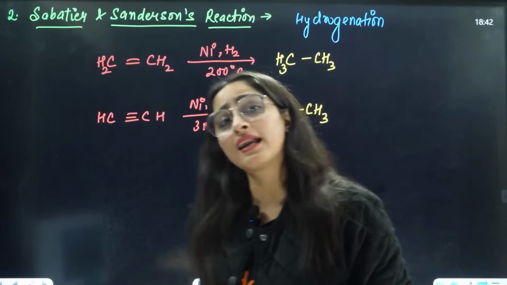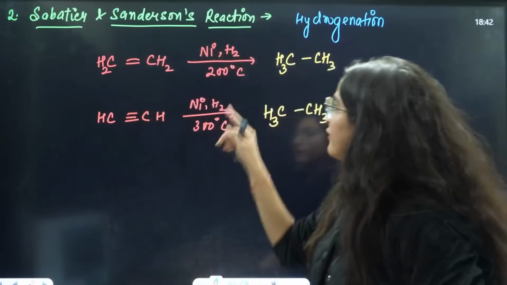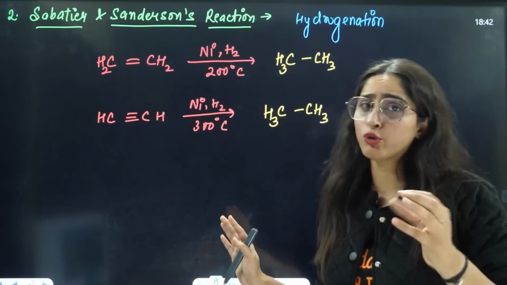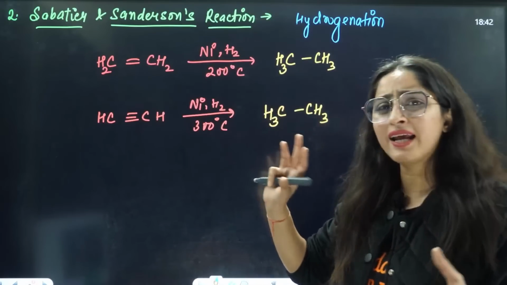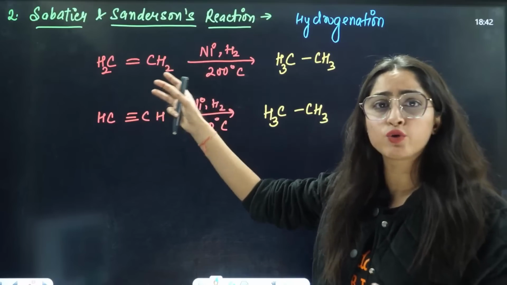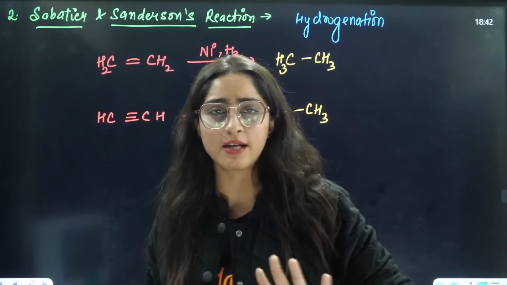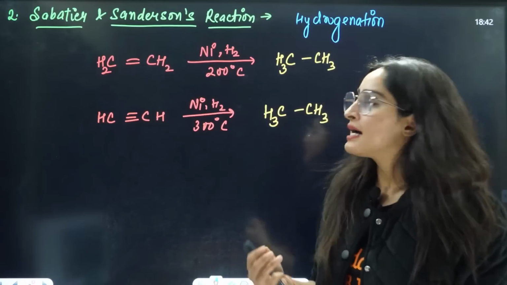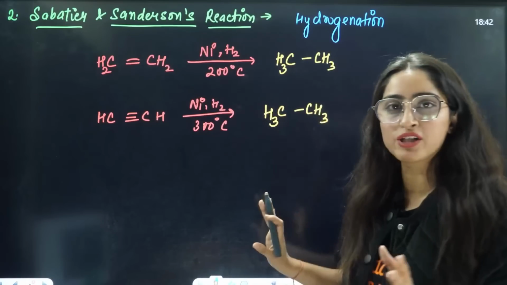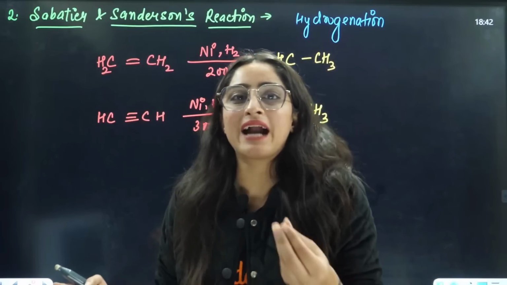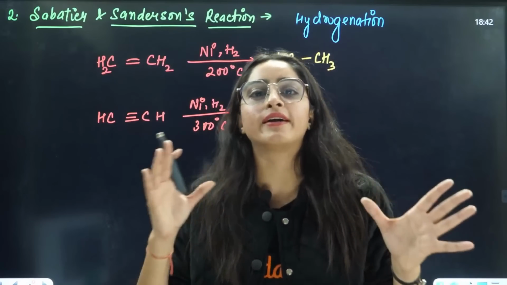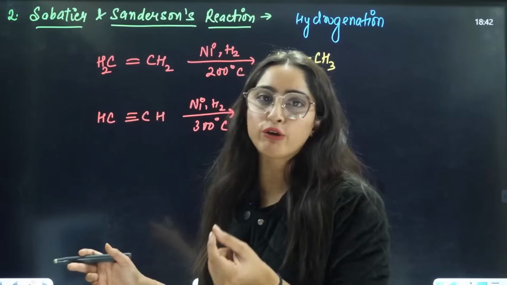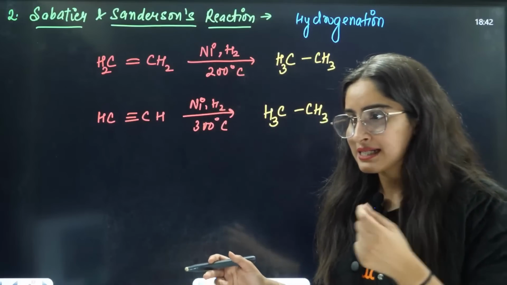If you're using nickel as a catalyst, then you have to elevate the temperature to 200 to 300 degrees. Approximately, with alkene, you just need around 200 degrees Celsius. But with alkyne, you need more temperature here, right? And here you have the formation of alkane. If you use platinum here, then you don't need elevated temperatures. But this particular reaction is for nickel only, right?